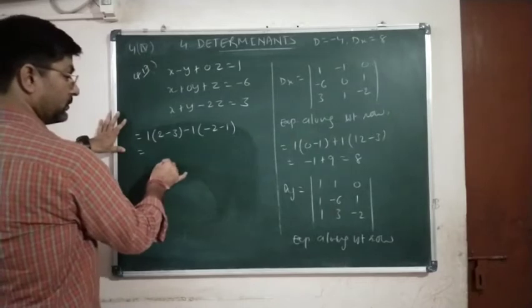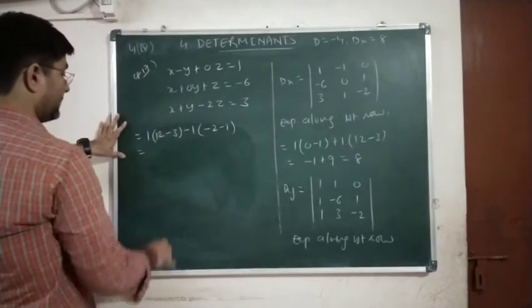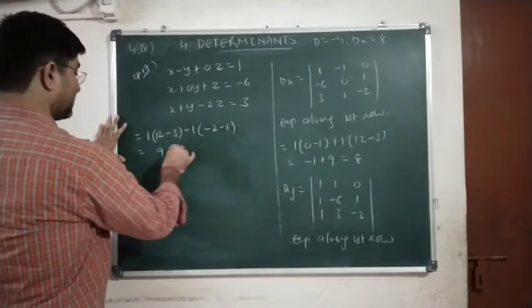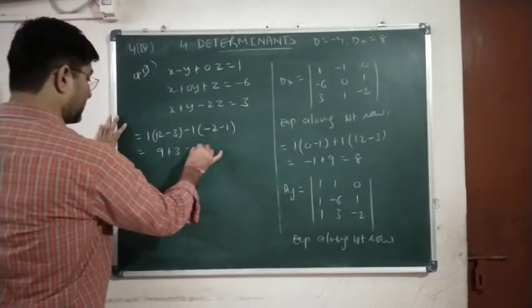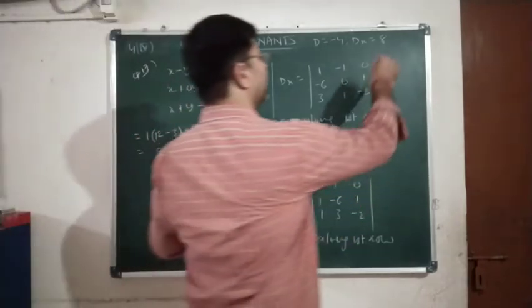Here 1 into 6 twos is 12, 12 minus 3 is 9, and minus 1 into minus 3 is plus 3. So we got 12 as the value of Dy. Dy is 12.